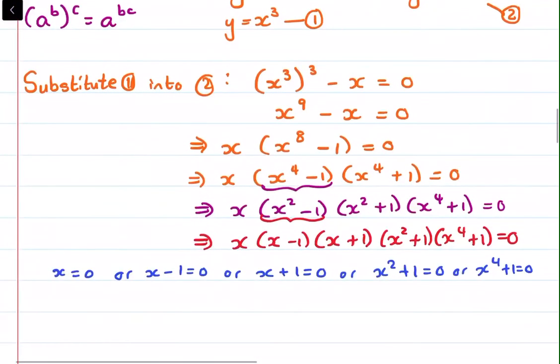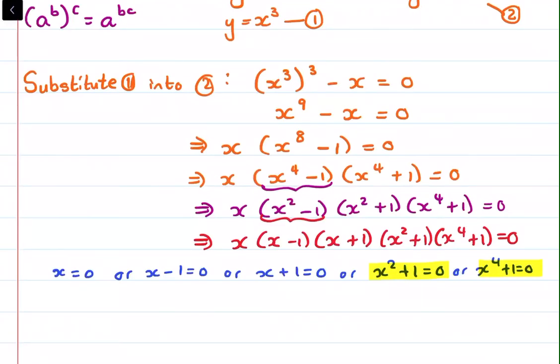We know that x squared plus 1 equal to 0 and x to the 4 plus 1 equal to 0, their solutions lie on the complex plane. And we are not trying to sketch solutions or functions or graphs of functions in the complex plane.